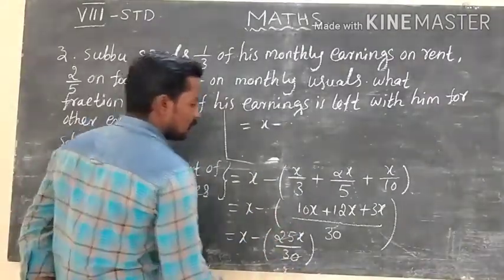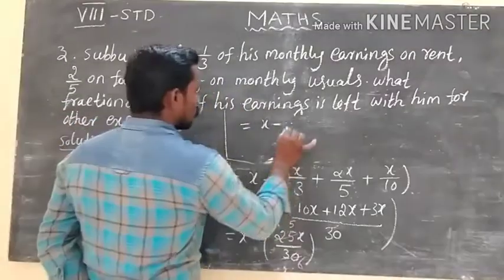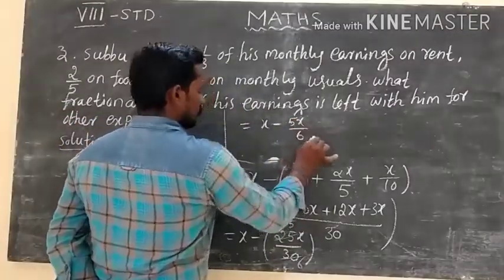Both numbers are multiples of 5. 5 fives are 25, and 6 fives are 30. So it is 5x divided by 6.